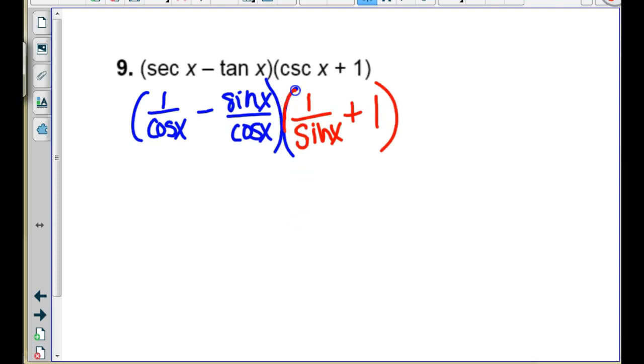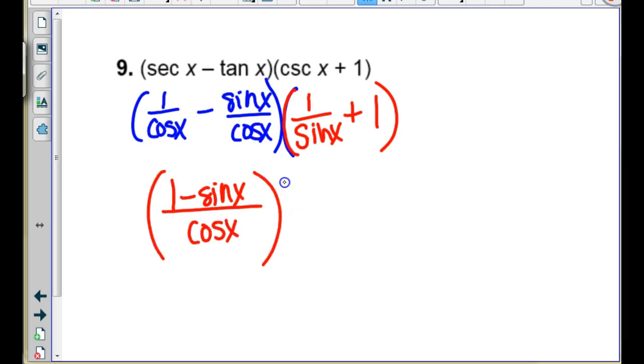Okay. What do you want to do? I really don't think we have to FOIL. Yeah, let's rewrite this one as one fraction: 1 minus sine x over cosine of x. If we wanted, what could we do back here to make this a single fraction?